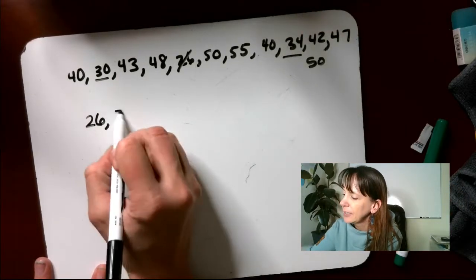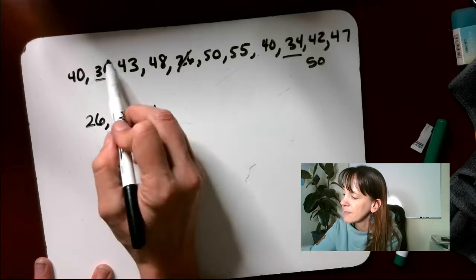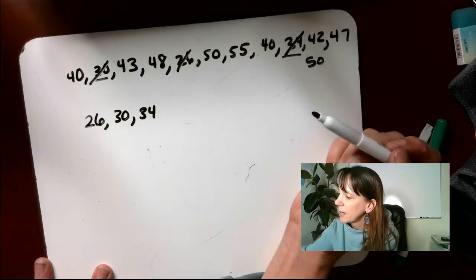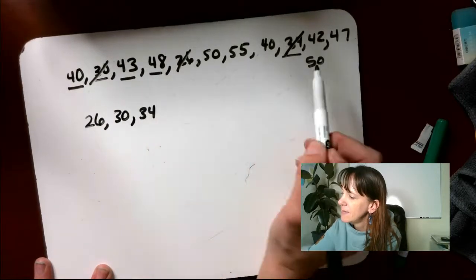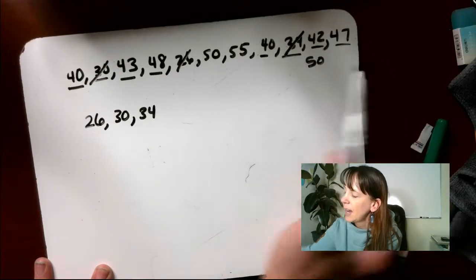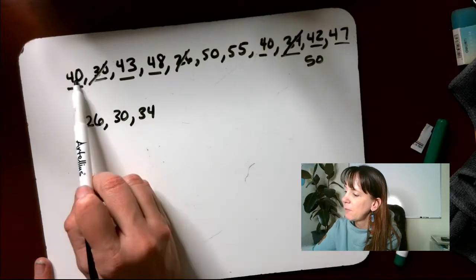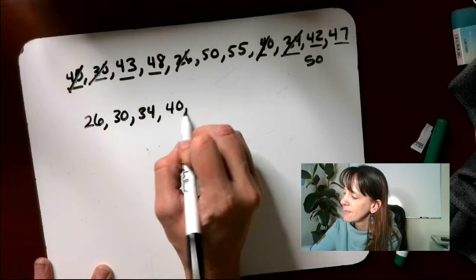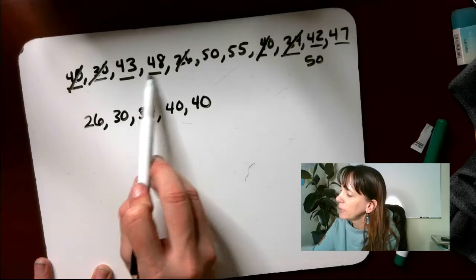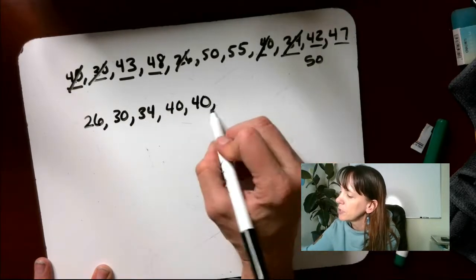All right, 30, 34. All right, I'm gonna underline all my 40s. So I've got 40 and 40. I'm gonna get rid of those guys. And then I got 43, 48, 42, and let's do 42.